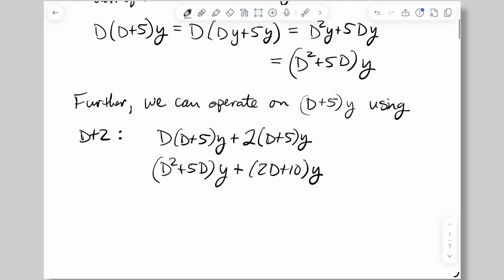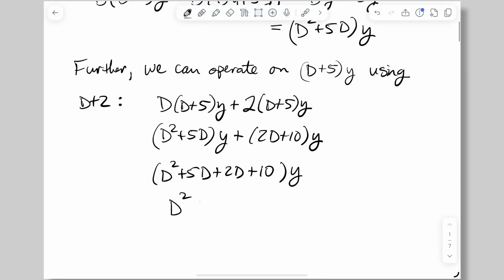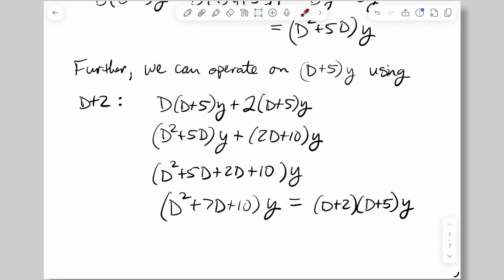And everything's acting on y, so we actually can pull the y out and end up with D2 plus 5D plus 2D plus 10. Well, that's D2 plus 7D plus 10 acting on y, and if you look at that set of parentheses, what's inside of it, D2 plus 7D plus 10, it's exactly what we would get if we took D plus 2 and acted on D plus 5 y using that. So it looks like foiling, it's going to act like foiling, but I want you to know that that D represents a derivative and it's not quite multiplication.